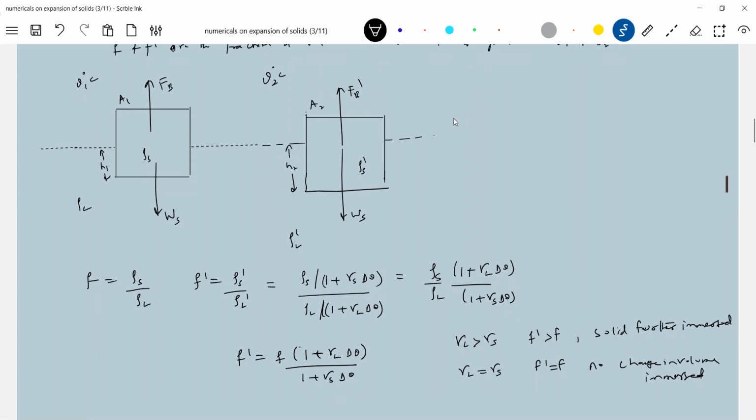And then if gamma L is less than gamma S, if you raise the temperature, the solid lifts up. Or what you can say: suppose 5 centimeter was immersed. If gamma L less than gamma S, then what happened? The length immersed will be less than 5 centimeter, maybe 2 or 3. The solid lifts up.